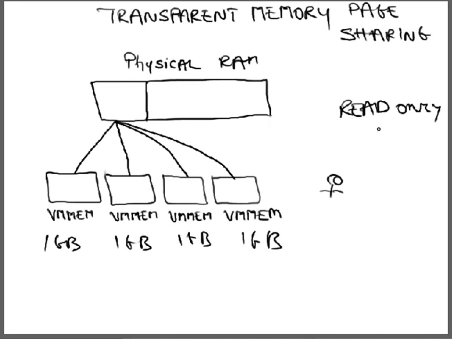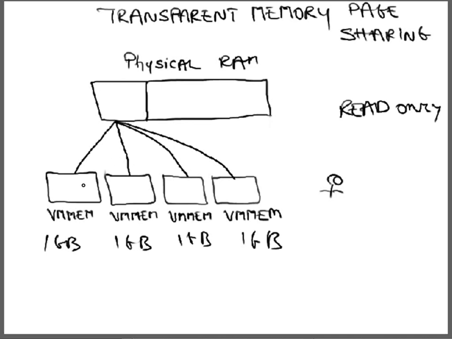The same thing goes with the transparent memory page sharing. As long as these virtual machines are accessing memory pages that are sort of in read-only, the memory pages that aren't being modified or changed, they're accessing one copy of this memory that's on the physical RAM.